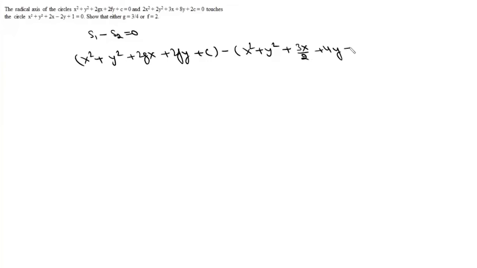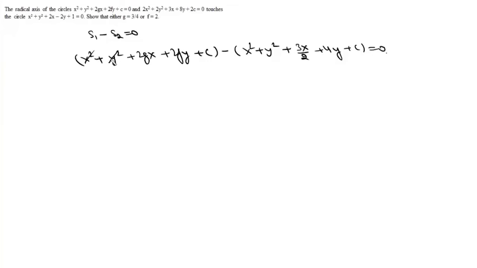So S1 is x² + y² + 2gx + 2fy + c, and then minus, the other one is x² + y² + 3x/2 + 4y + c = 0.